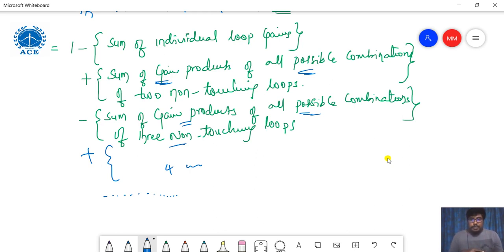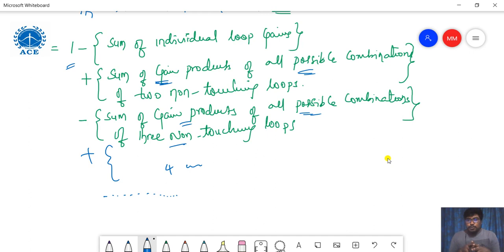Calculation of delta, again I am repeating here, why? Because understanding of delta is very important. Delta is 1 minus the sum of individual loops. In the signal flow graph, first of all check whether loops exist in the graph or not. If they exist, check the individual loops.